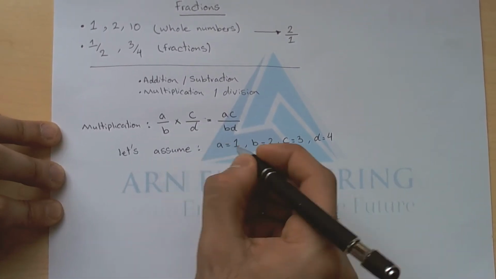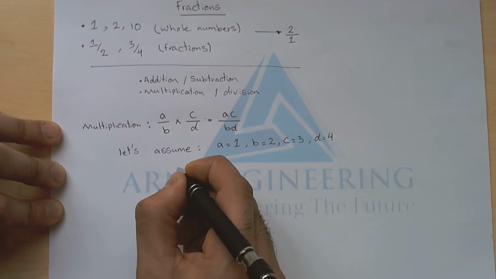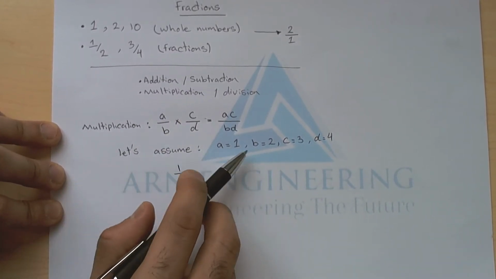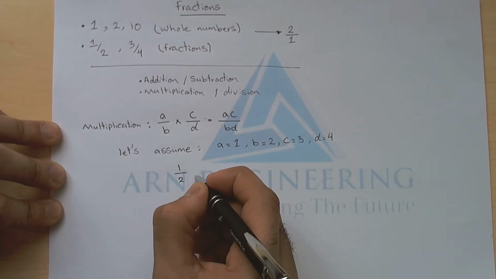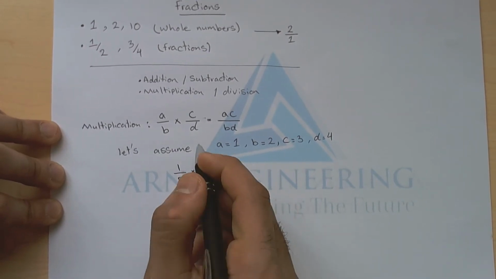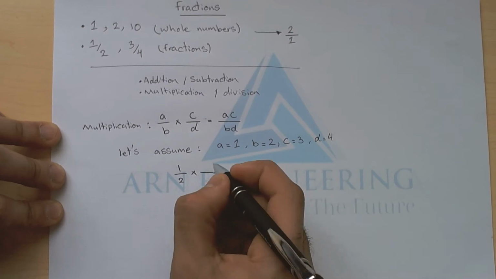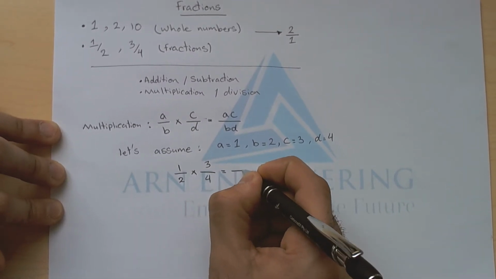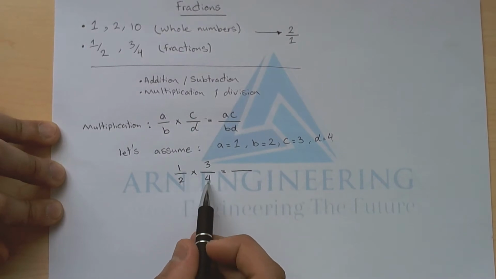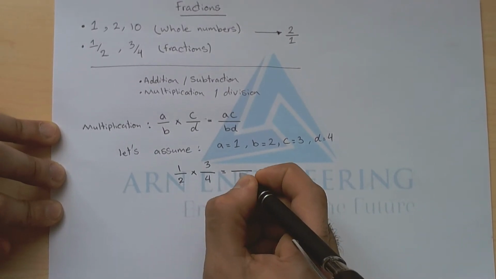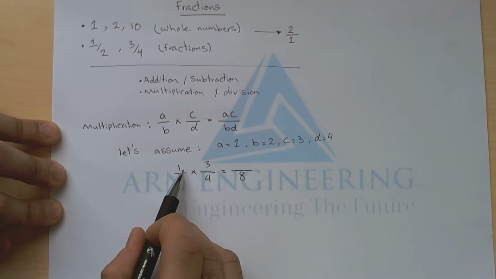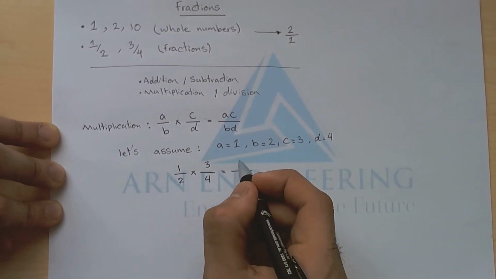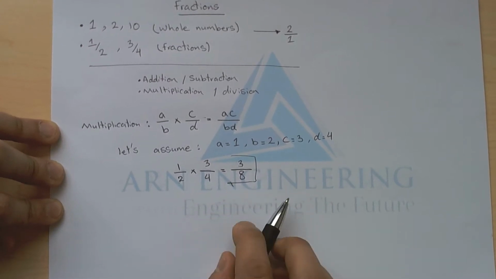So now we can rewrite this as 1 over 2, which is a over b, times c over d, which is 3 over 4. Right? So we'll do the same thing again. 2 times 4, that's 8, and 1 times 3, that's 3. As simple as that.